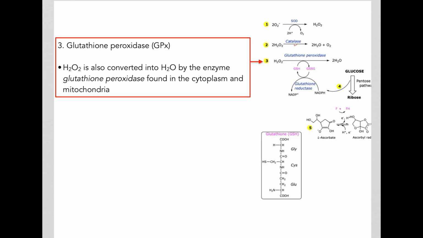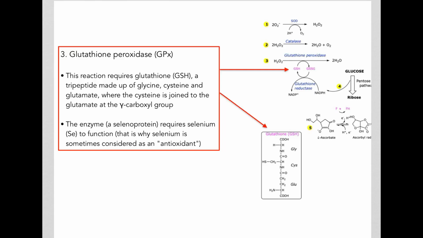So besides catalase, we do have another enzyme called glutathione peroxidase. This also breaks down hydrogen peroxide into water. In order to catalyze this reaction, glutathione peroxidase requires this tripeptide called glutathione, which we abbreviate as GSH, and the structure of GSH is shown here.